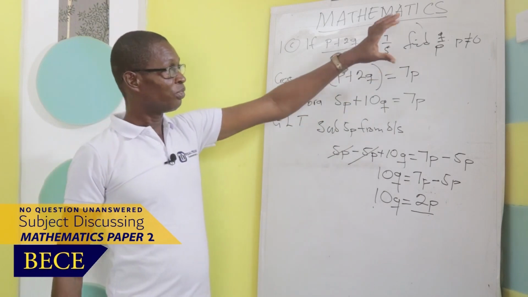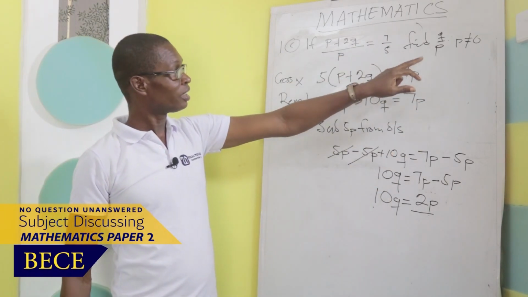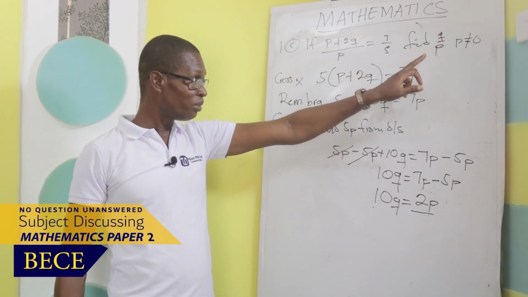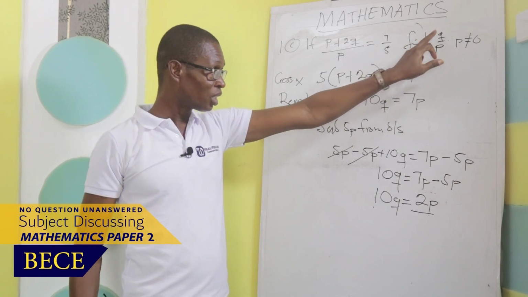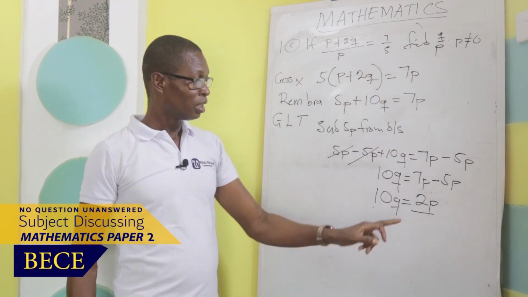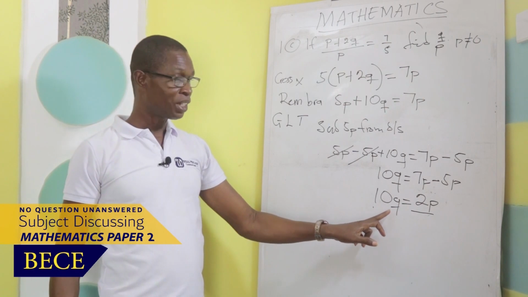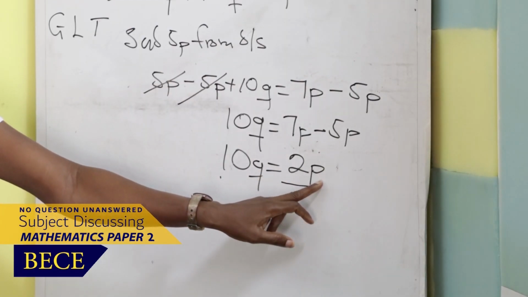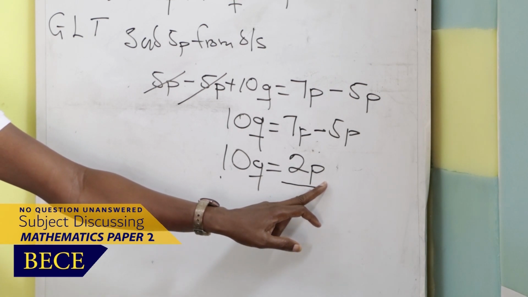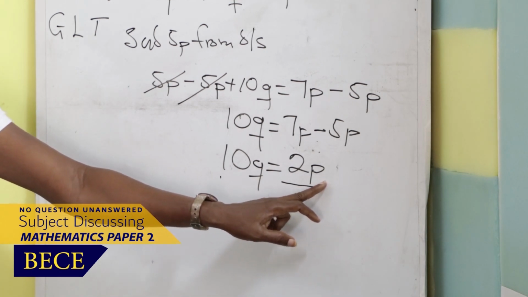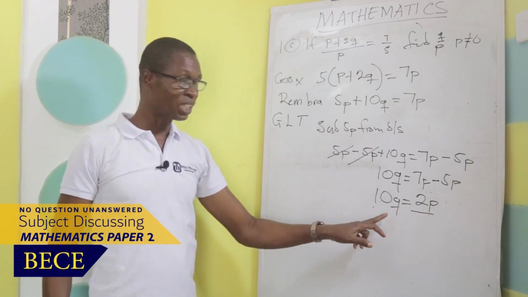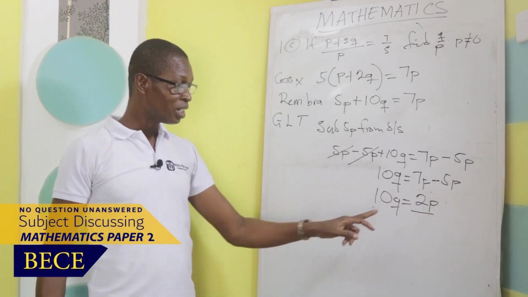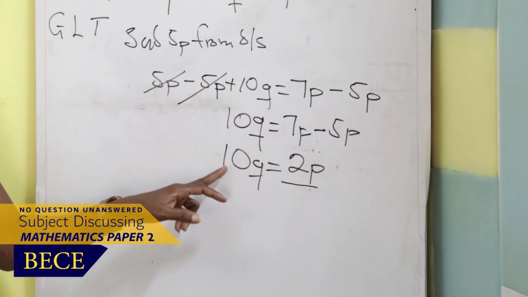Right. So, viewers, you can see clearly that you've been instructed to find Q over P. Fortunately for you, you have the Q here, and then you have the P here. The P is a numerator here. But when you transpose this P, it becomes a denominator. The same way, the 10 is a numerator here.